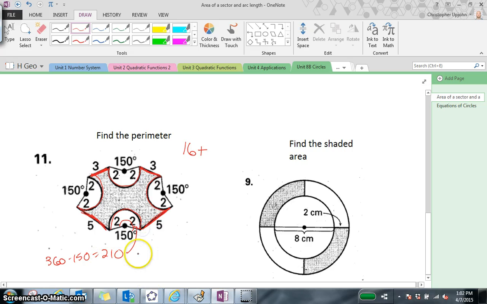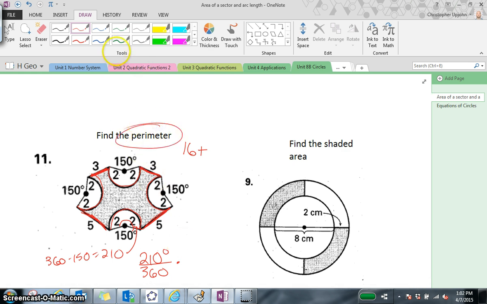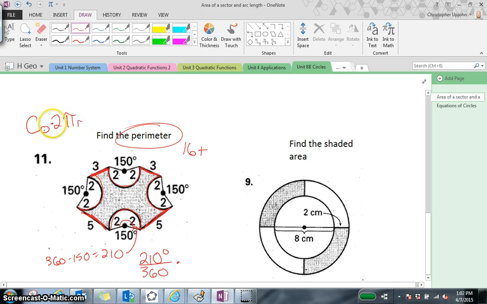That'll be the inside angle. So 210 over 360 times the circumference of our circle, because we're finding perimeter. We're finding distance. So our circumference, again, is 2 pi r. In this case, it's 2 times pi times my radius, 2, 4 pi.